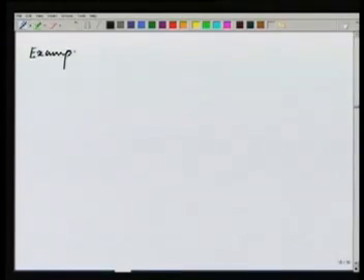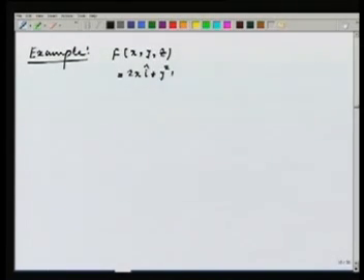It is about evaluation of a certain surface integral. Let us look at this function f(x, y, z) equals 2x i plus y squared j plus z squared k.